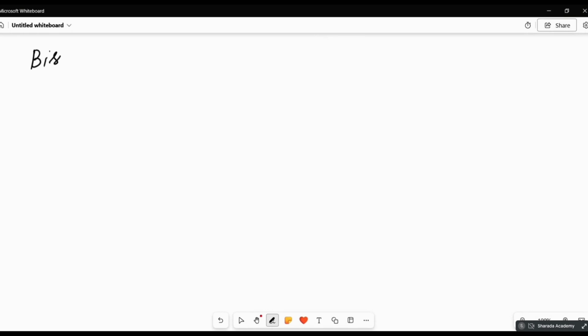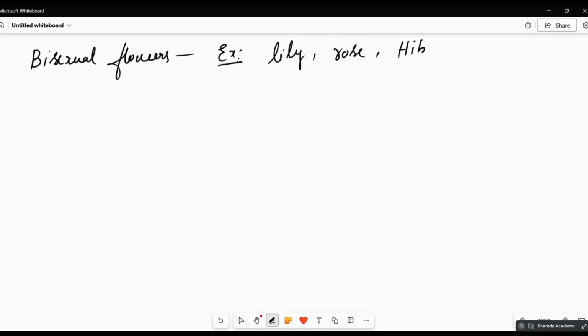Write down bisexual flowers. Example: lily, rose, hibiscus, mustard, etc. Unisexual flowers.